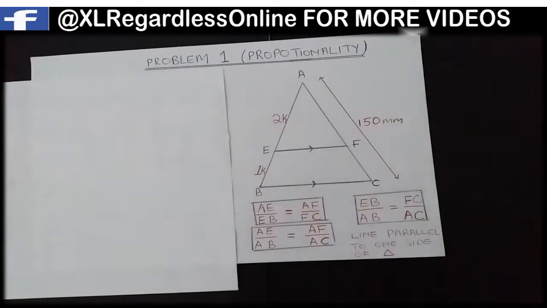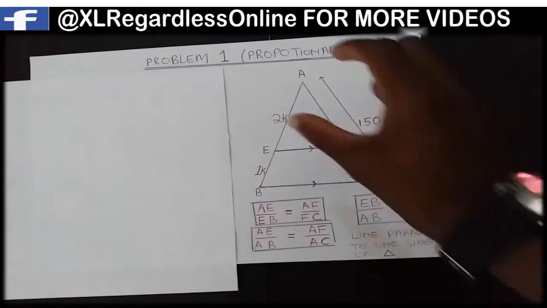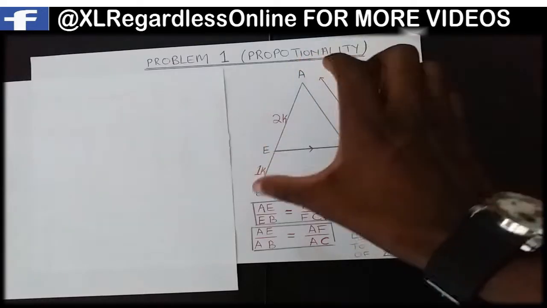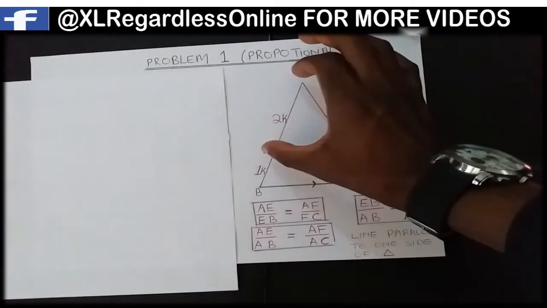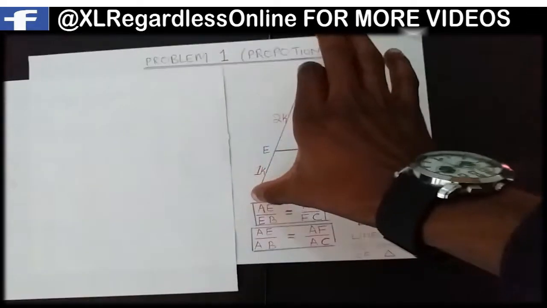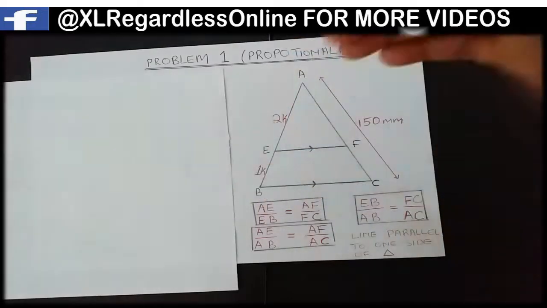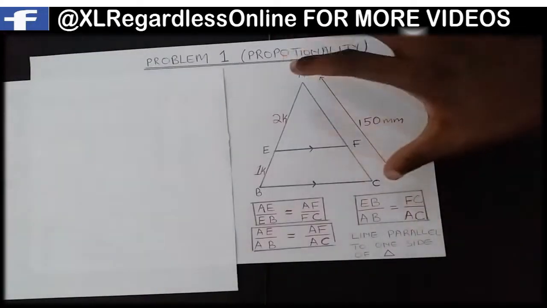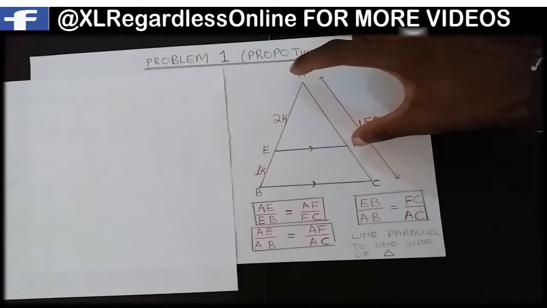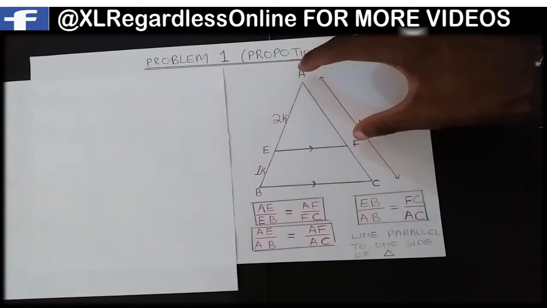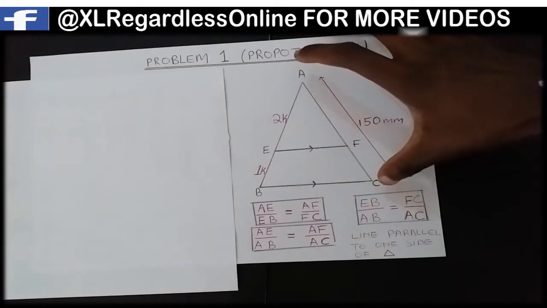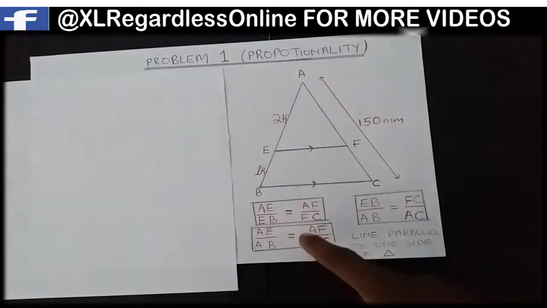That's the first ratio. The second ratio, we have what? AE all over AB. So that's AE, the top part, all over the whole part. We are going to do the same thing for this side. We have the top, which is AF, all over the whole side, which is AC. That's the second ratio.